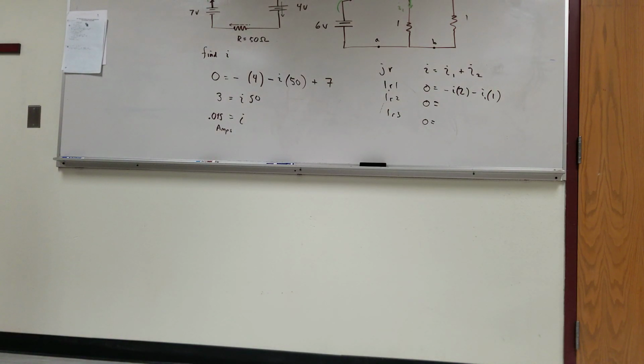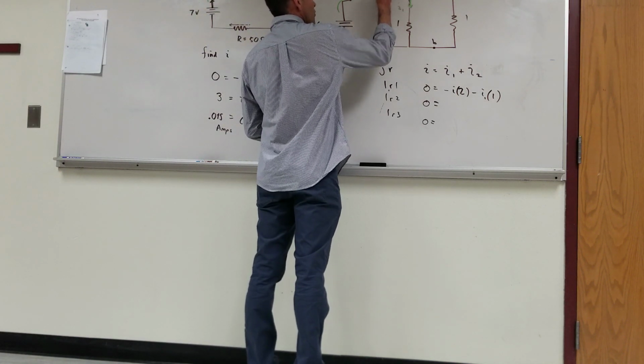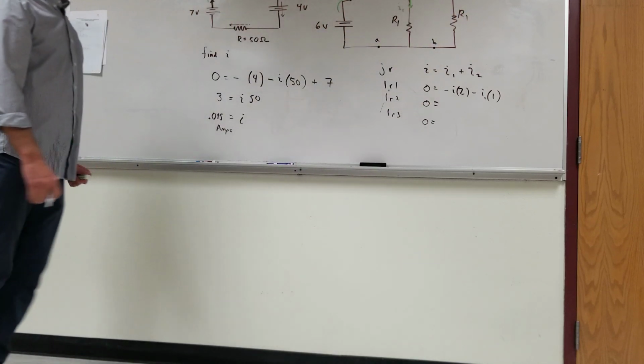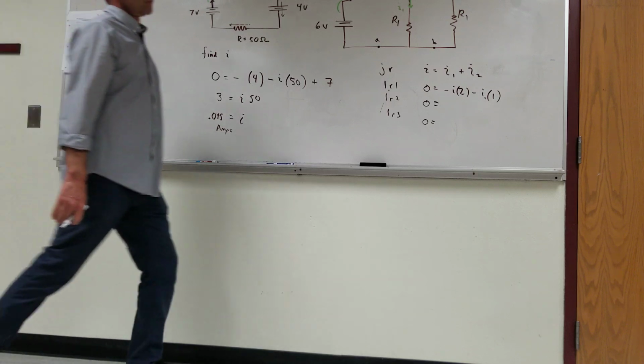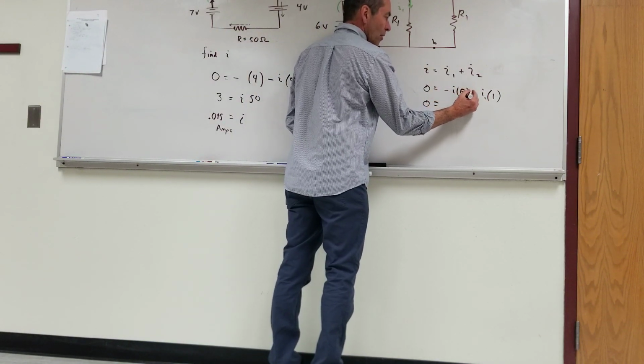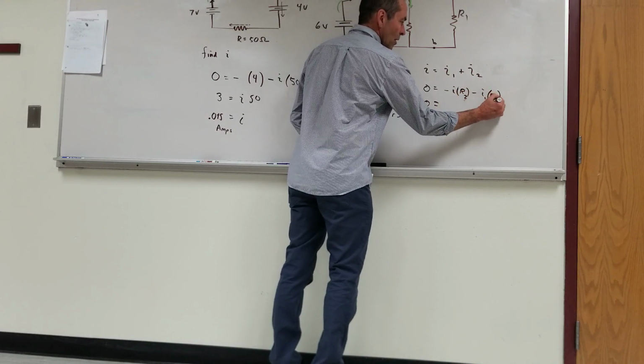It might have been better if I worked all in variables. Yeah. Okay, we'll just call this R2, R1, and R1, because those are going to be the same size. So this is R2, R1.